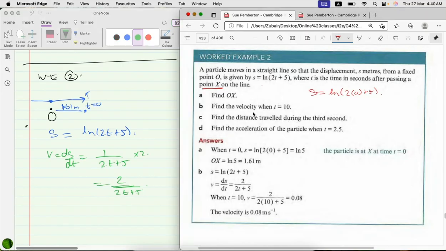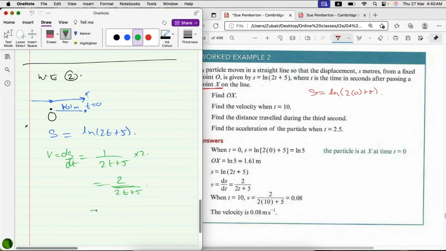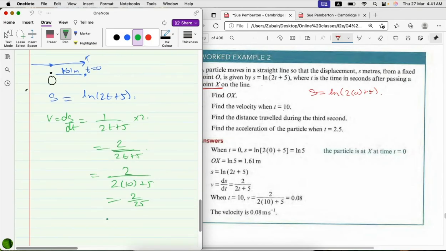At time 10, 2 into 10 is 20 plus 5 is 25, so 2 over 25. I'm checking if I get an exact answer in decimals. 2 divided by 25 is 0.08. So at time 10, velocity is 0.08 meters per second.